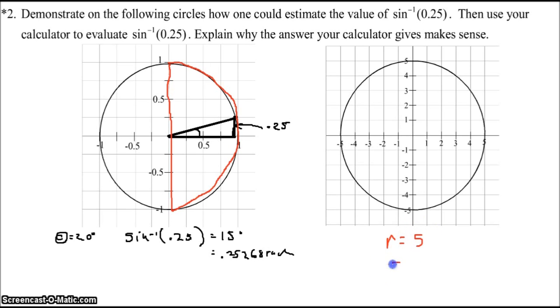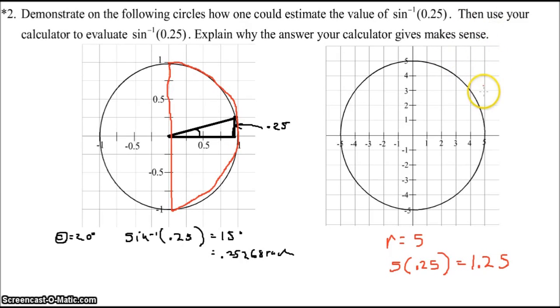Notice if we multiply 5 times 0.25, what do we get? If we take 25% of that radius, we get 1.25, because the sine function always outputs the percentage of the radius that the height is.